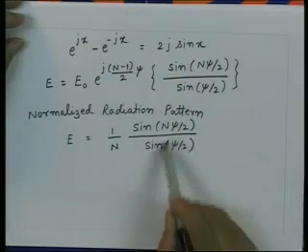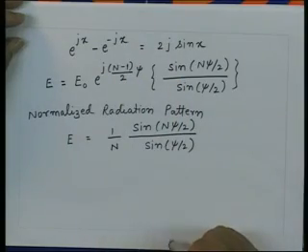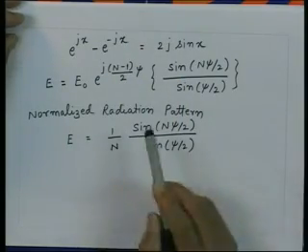Following further now, we would like to know what are the directions of the side lobes, what is the level of the side lobe, and also we will try to investigate what is the directivity of this array, and we will also try to see how the directivity changes as the direction of the maximum radiation changes.